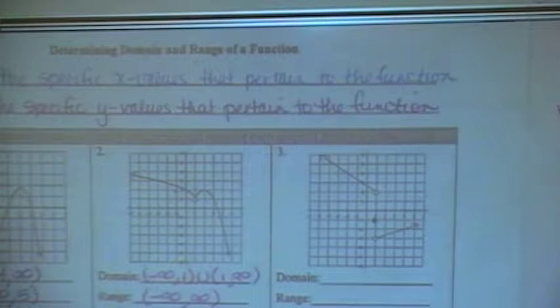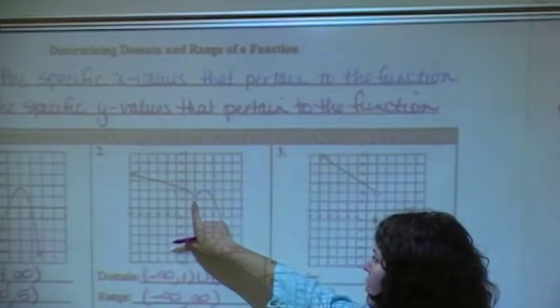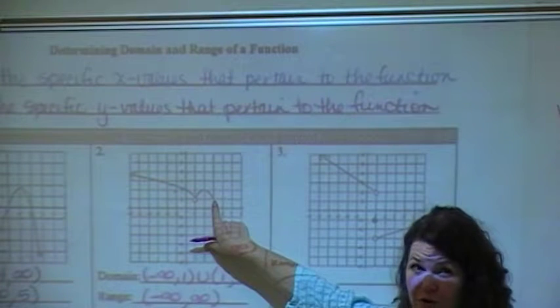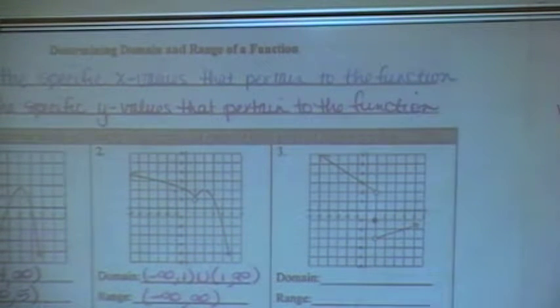But remember, range is just, does a Y value exist right there? And even though no Y value exists right here at this hole, there is a Y value of 1 right here. So it does go all the way from negative infinity to positive infinity. Does that make sense? Sometimes those are a little tricky. Kind of hard to explain sometimes.